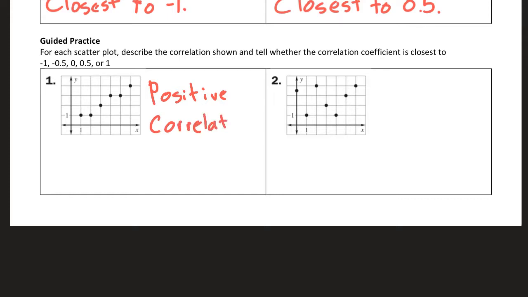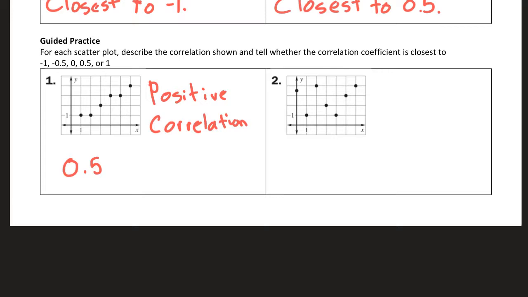To me, I don't think that correlation is super strong. It does follow a trend in the positive direction, but I would still say it is closest to 0.5. It doesn't follow a line very closely. And again, it's a judgment call. If you thought it was close to 1, we can talk about that later.